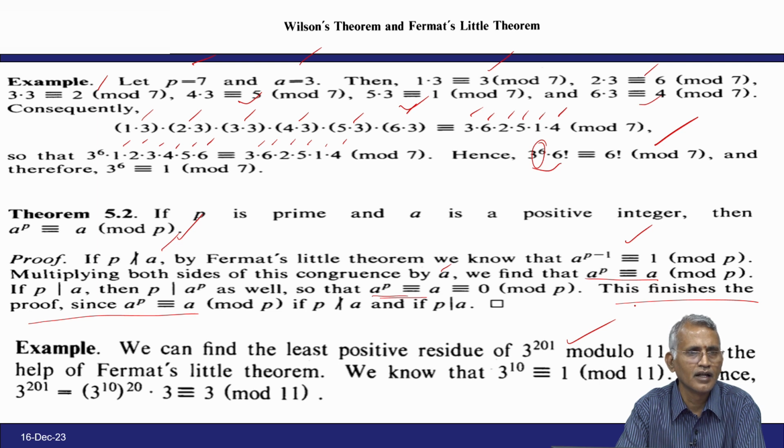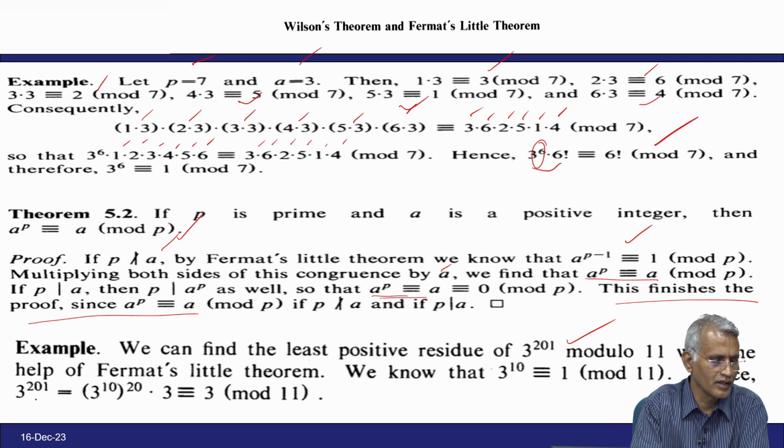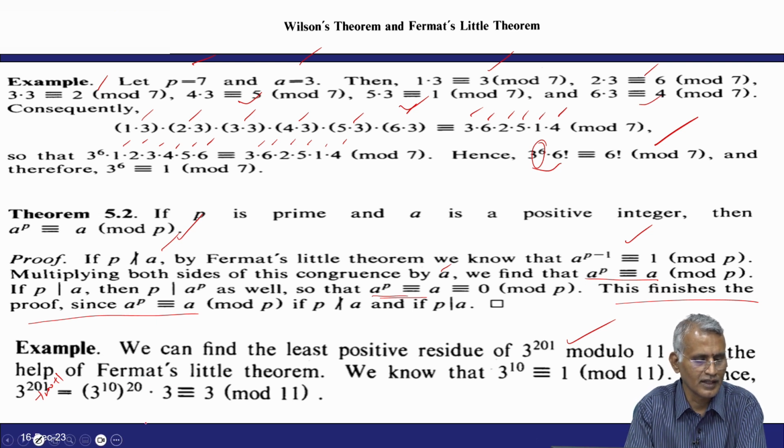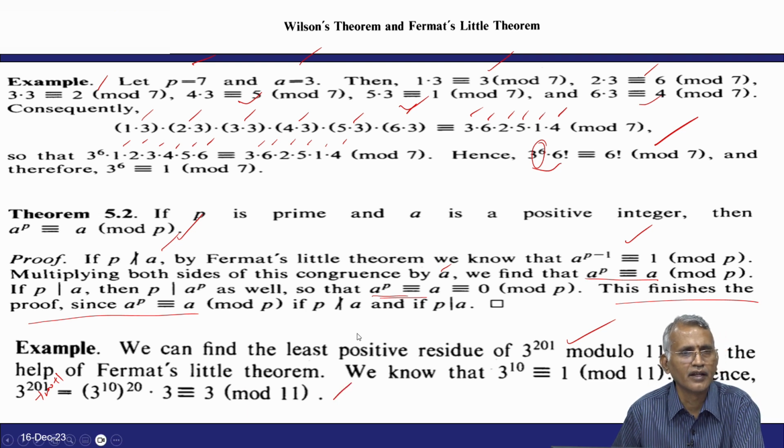Hence, 3 power 201 can be written as (3 power 10) whole power 20 into 3, since 201 is 200 plus 1. This is exactly 3, therefore under modulo 11 the value is 3.